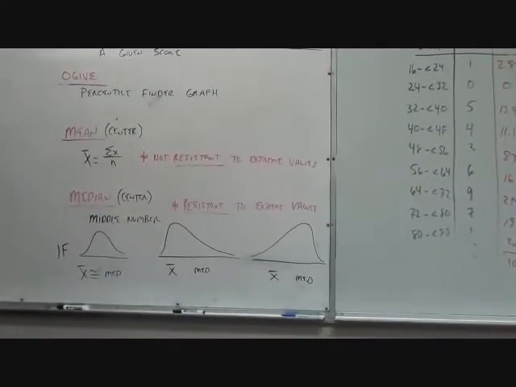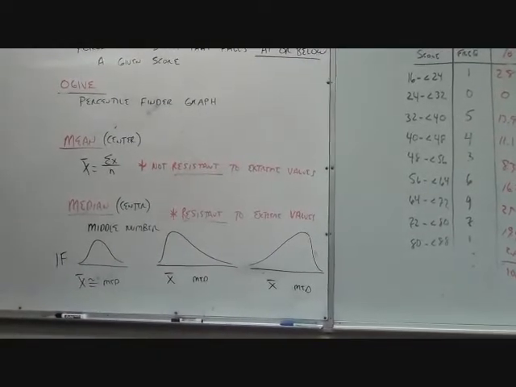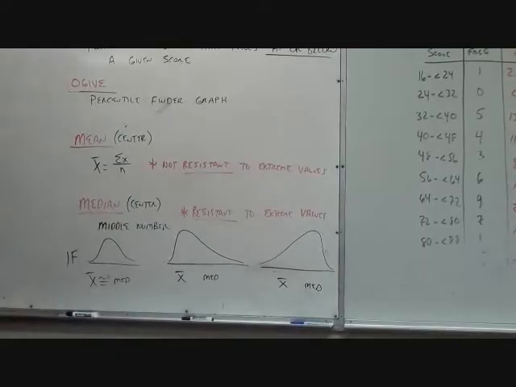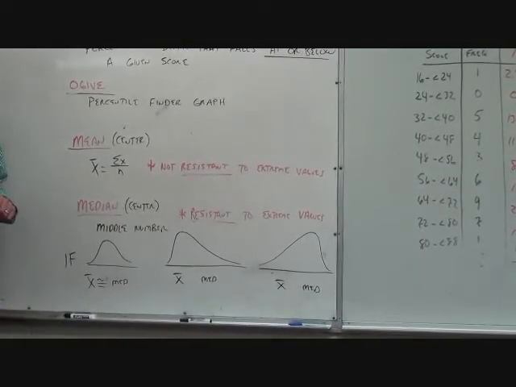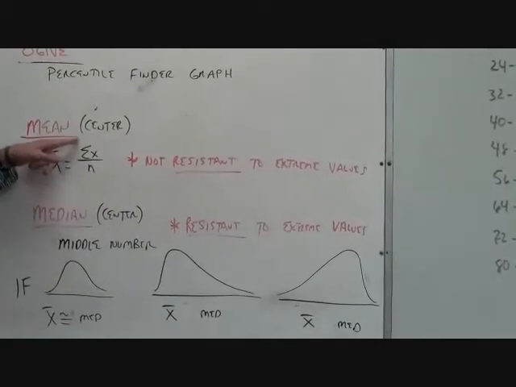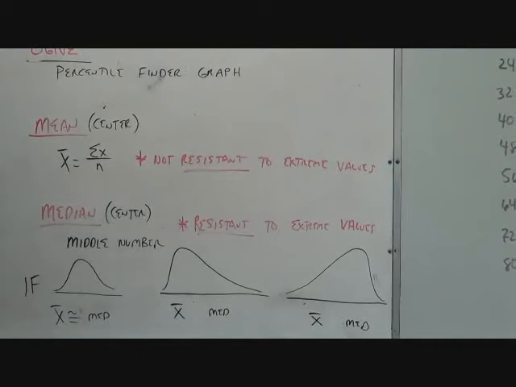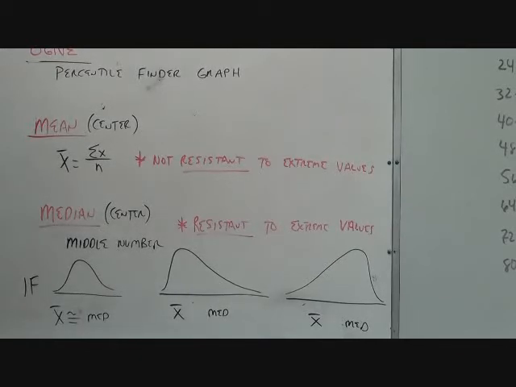Now here's where AP is sinister. They're not going to give you a bunch of numbers and say, calculate the mean for me. Here's what they do with these formulas. If I gave you the mean, and I gave you how many scores there were, could you somehow figure out what the sum of those scores would be? Could you work backwards? That's the kind of stuff they're going to ask you to do.